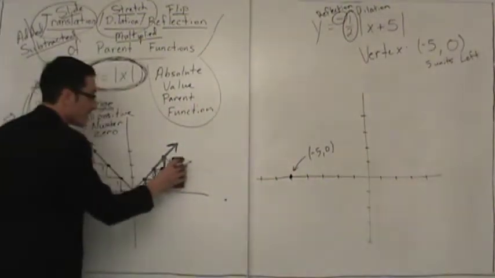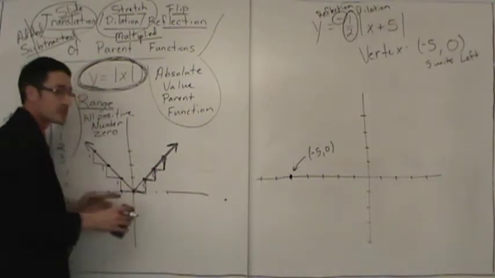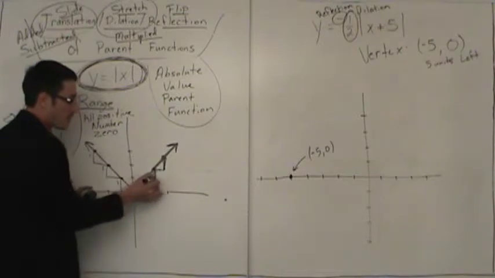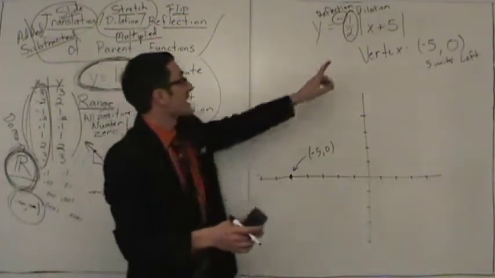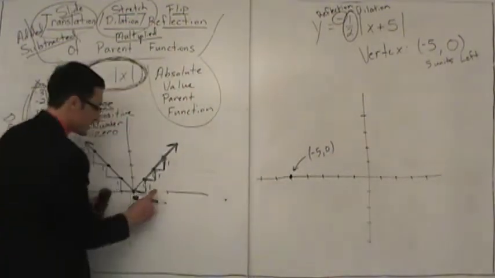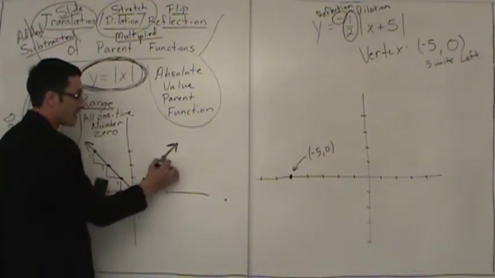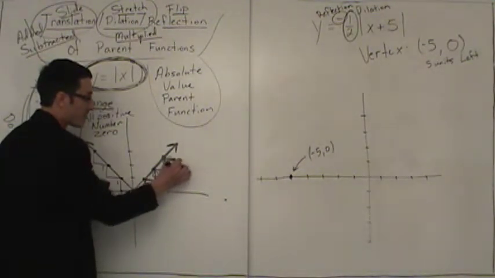Going back over here, on the last problem, the dilation was 2. So what did we do with the vertical distances? We took the vertical distances of 1, 1, and 1, and we multiplied them by 2. Since we have a dilation of 1/2, we're going to multiply these vertical distances by 1/2, giving us vertical distances of what? 0.5, 0.5, and 0.5.